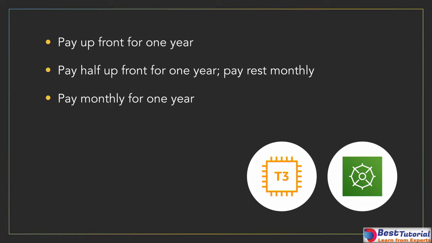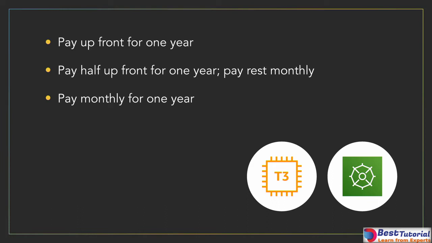Or you can buy a coupon where you just pay nothing now, but you get the T3 medium for a lower fixed rate for the next year, but you can't get out of the contract, just like a cell phone plan. You don't assign the coupon to one of your T3 mediums, it just comes off in the billing automatically.